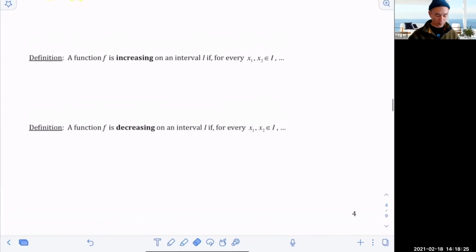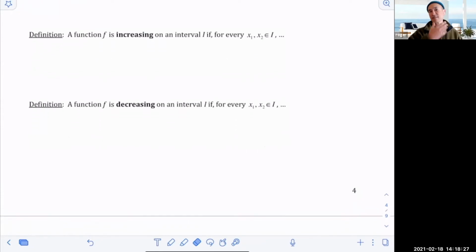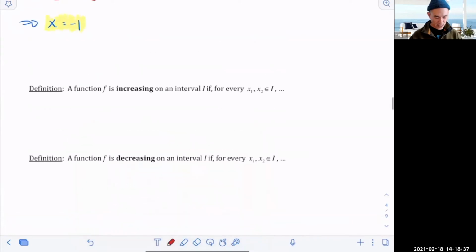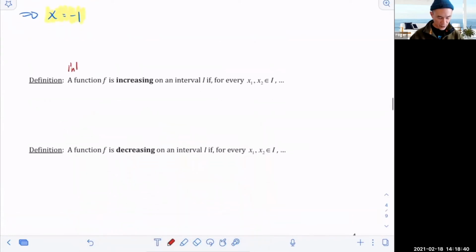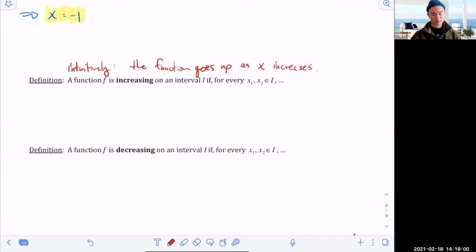I think intuitively, it means the function goes up as you move from left to right. But that's not really a mathematical definition. So I want to write down the intuitive definition first. So I'm going to say intuitively, the function goes up as x increases, right?